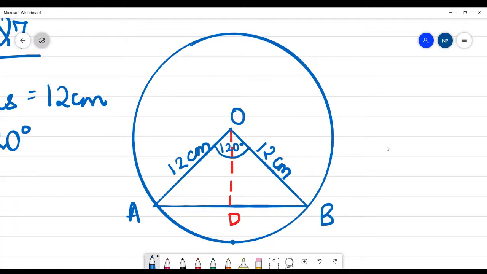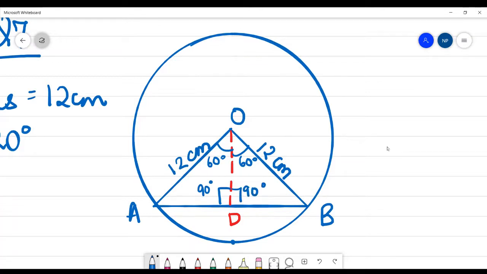When we are dropping a perpendicular, it is getting divided. So over here, instead of 120 degree, we can write this separately as 60 degree and 60 degree. Since it is getting divided into 60 degree each and a perpendicular is dropped, it will become 90 degree and 90 degree.